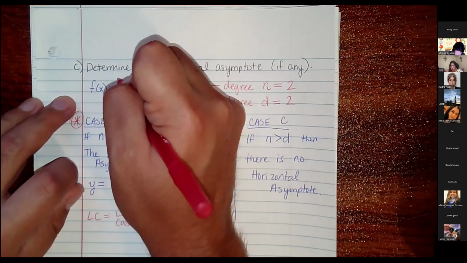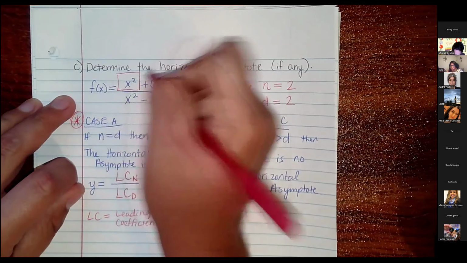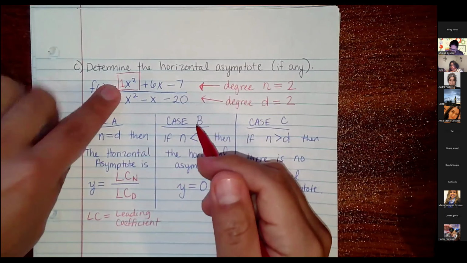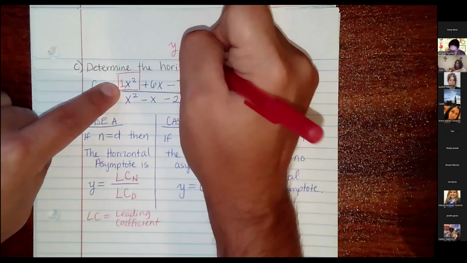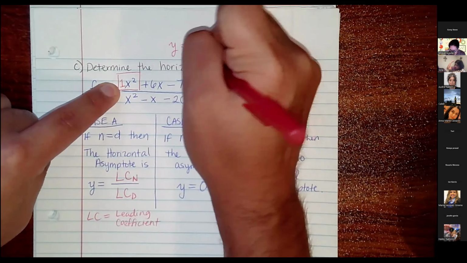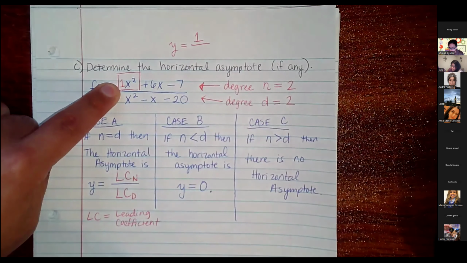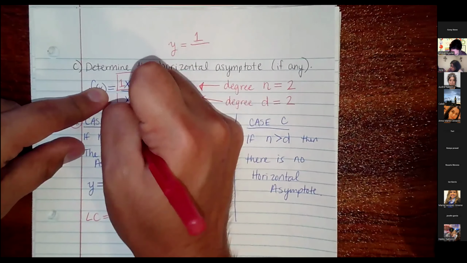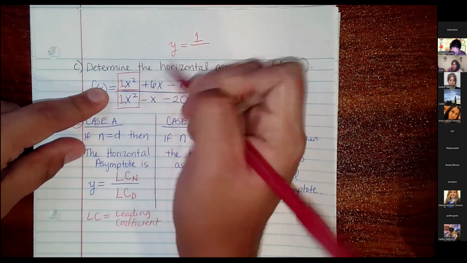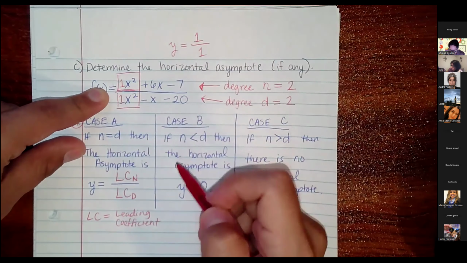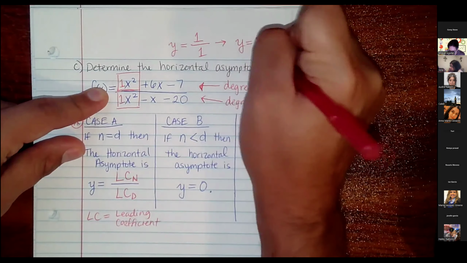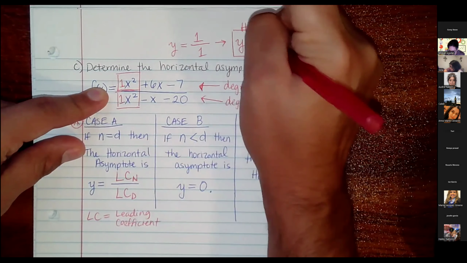If you remember when we were talking about polynomials, this is the leading term and its coefficient is a 1. So I'm going to put up here y equals 1 over the leading coefficient of the denominator. What's the leading coefficient of the denominator? Also 1. So what is 1 over 1? 1. Yeah, y equals 1. That's your horizontal asymptote.